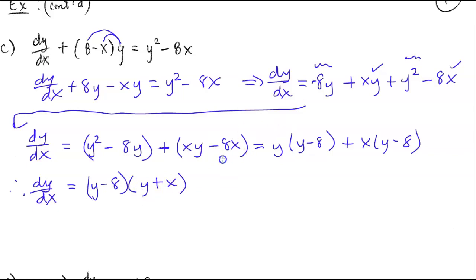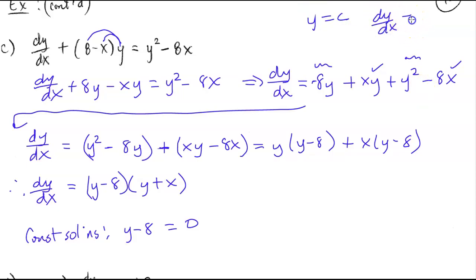And so from here, if I want to know what my constant solutions are, I would have to consider when y minus 8 is equal to 0, okay? The reason being, again, if I let y equal some constant, then I know that the derivative with respect to x of this constant would have to be 0.